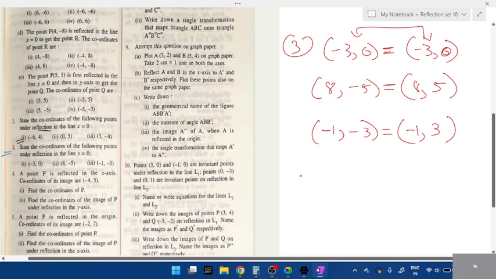Okay, so you have to think about it. How will you remember this, students? If not, you will forget. After 1 or 2 weeks, you will forget. How will you remember? If x is 0, which one do you have to change?